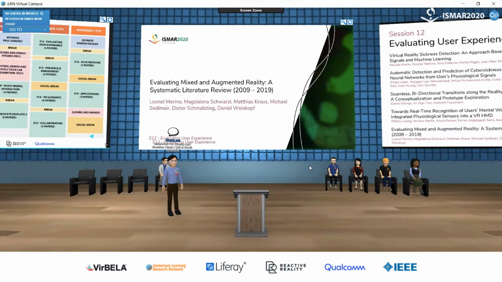Okay, our last paper in this session is titled Evaluating Mixed and Augmented Reality, a Systematic Literature Review from 2009 up to 2019. This paper was written by a group of researchers at University of Stuttgart and Graz University of Technology.